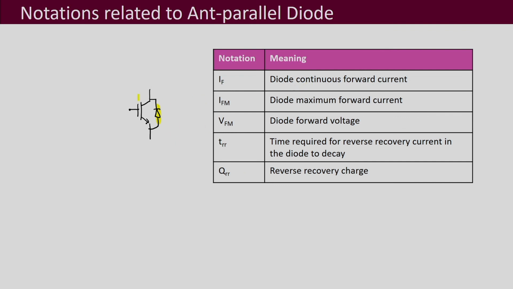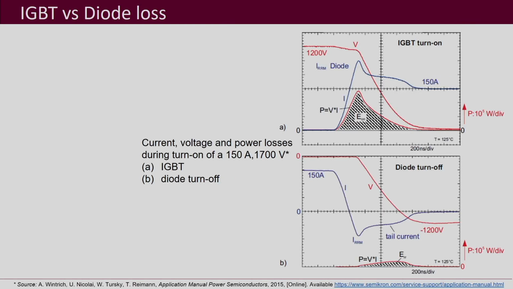So, your forward current IF, what could be the maximum rating of that, then the pulse rating, diode maximum forward current for short duration IFM, this is your continuous current, and forward voltage drop, what could be the forward voltage drop across it, then reverse recovery time and reverse recovery charge QRR, these are also usually provided in the IGBT's data sheet.